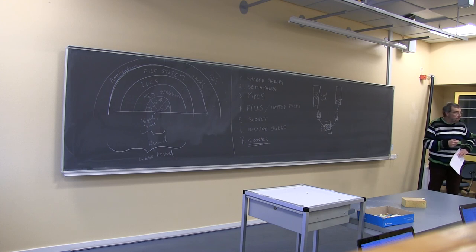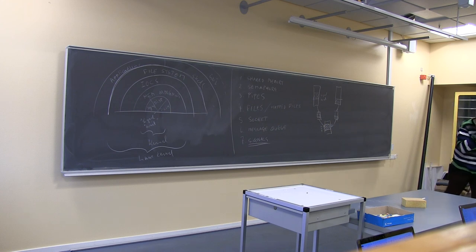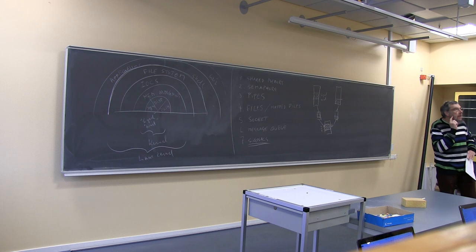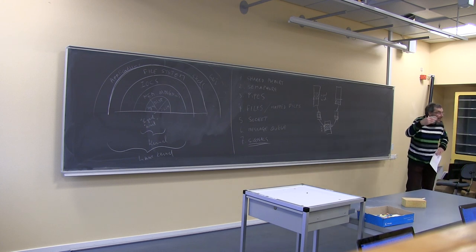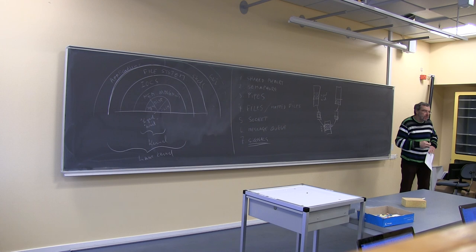What about semaphores? What are they? They can control access to shared resources. What is a semaphore? It's a number, an indicator number. That's true. When you program it, you get access to the semaphore through a semaphore ID, which is like any other file, a number identifying the resource.